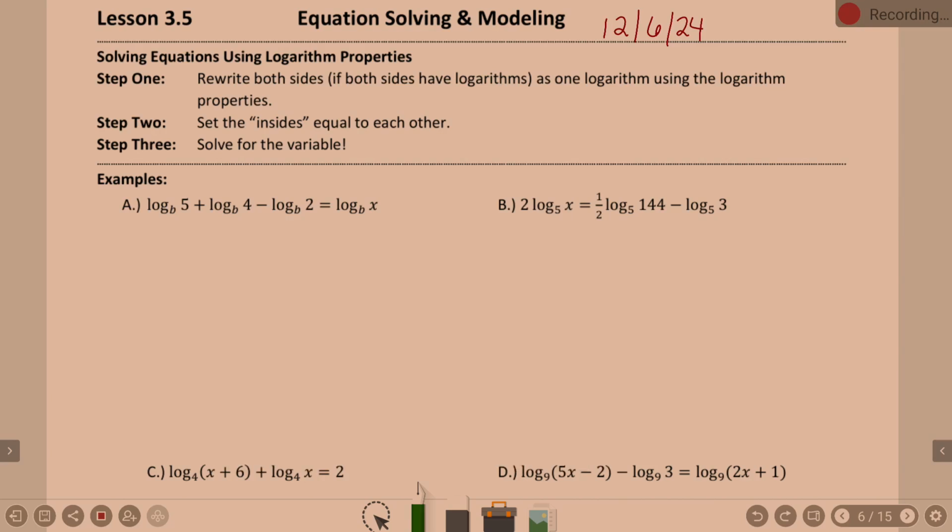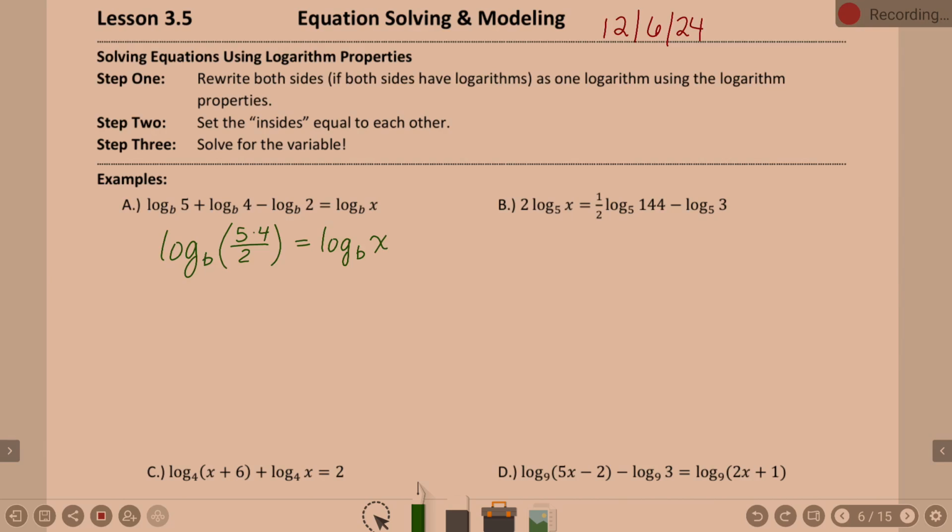We have 2 logs being added and a log being subtracted. So this is log base b, because they're all b's. The log of 5 plus log of 4 is going to become 5 times 4. The minus log of 2 is going to be divided by 2. And it still equals log base b of x.